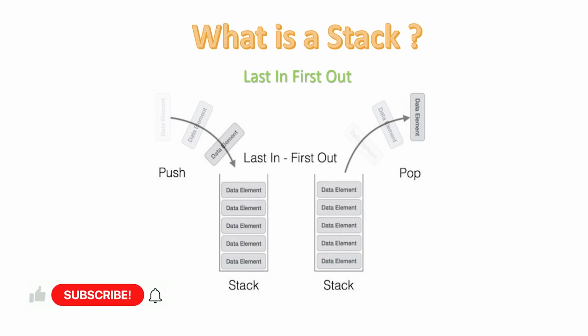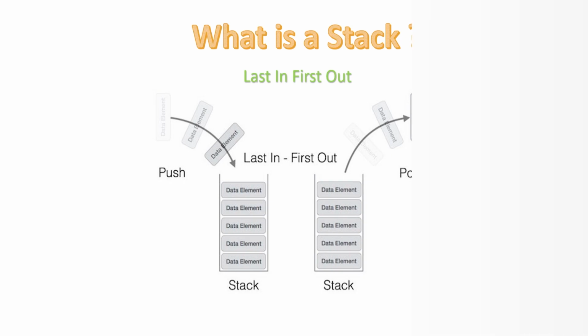The stack is a data structure which pushes the data element onto the top of the stack, which means whichever data element was added last pops out first. So the stack uses push and pop methods. In order to add a data element into the stack, we use the push method, whereas to remove an element from the stack, we use the pop method. This is a simple version of what a stack is.